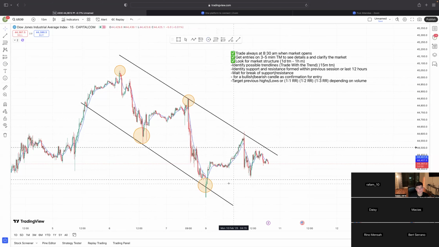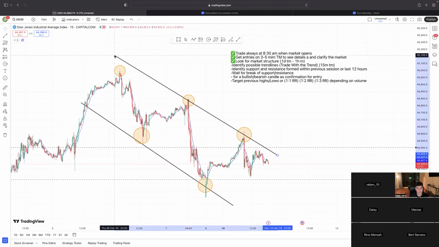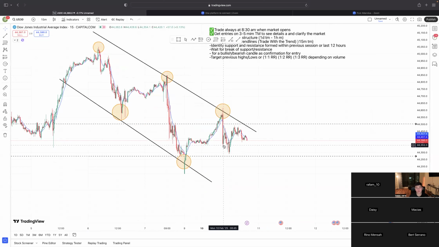If you watch the course, you should know exactly what a lower high and a lower low is. Now in the 15-minute time frame, we are still forming this beautiful bearish trend line. We are still to the downside. So I'm still looking for sells tomorrow, because we seem to be respecting the trend line unless price breaks above.